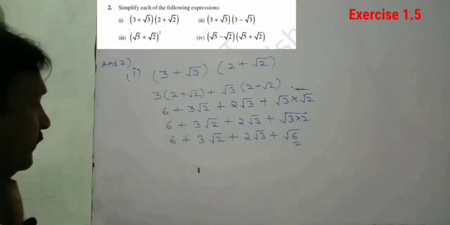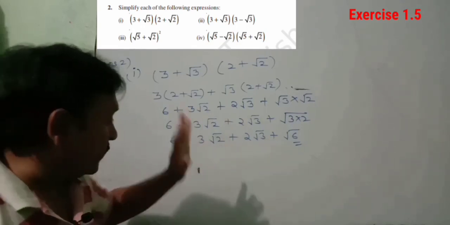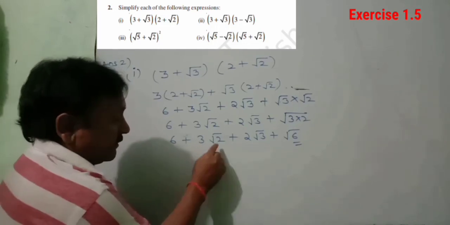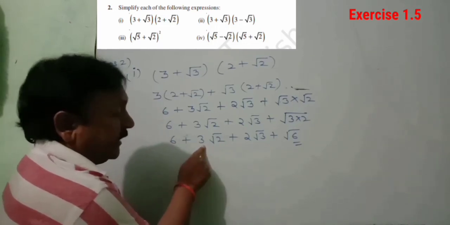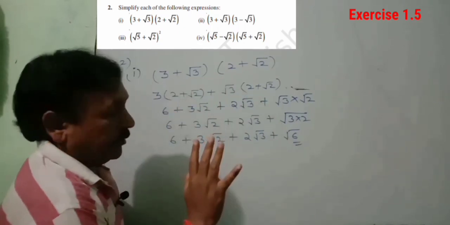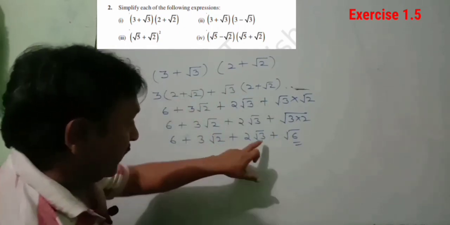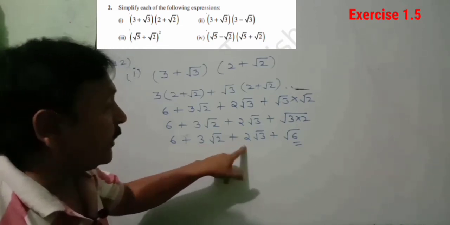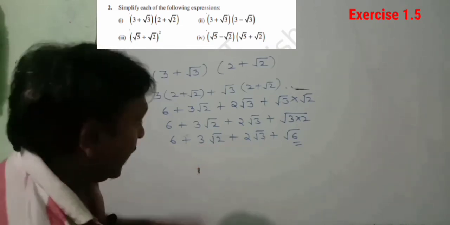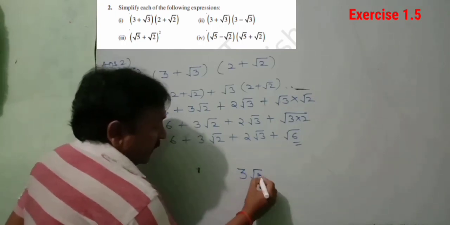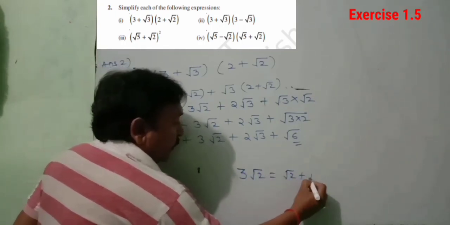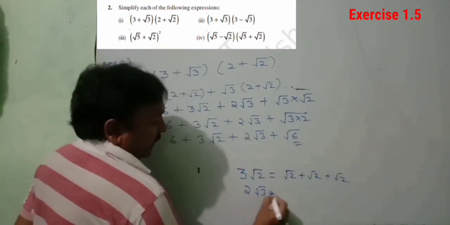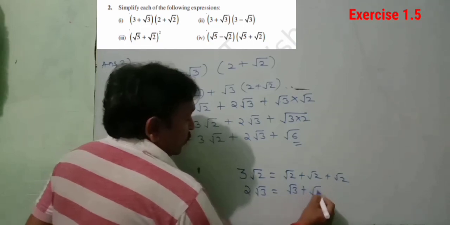Is it solved? Yes. 6, no other number is there. 3 root 2: I had just told you this root 2 is present how many times? 3 times, but there is no other root 2. So it is a different number. It is root 3, how many times? 2 times. 3 root 2 is a different thing and 2 root 3 is a different thing. I will show you here. 3 root 2 means root 2 plus root 2 plus root 2. 2 root 3 means root 3 plus root 3.